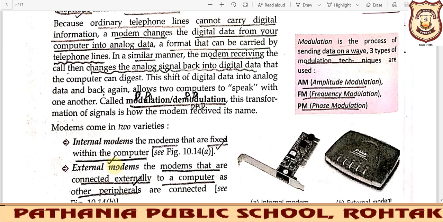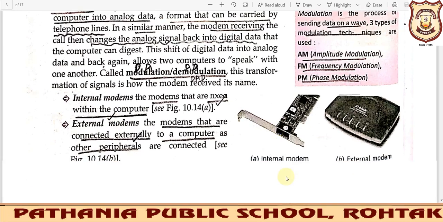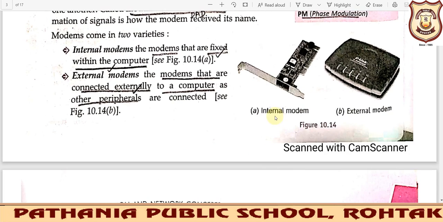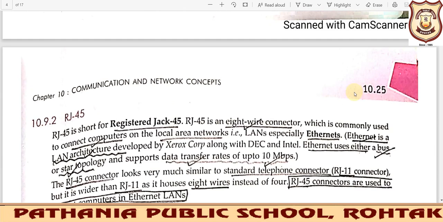When the modem is existing inside the computer, it is known as an internal modem. And this is your external modem, which you connect outside the computer. Fine, so this is very important.